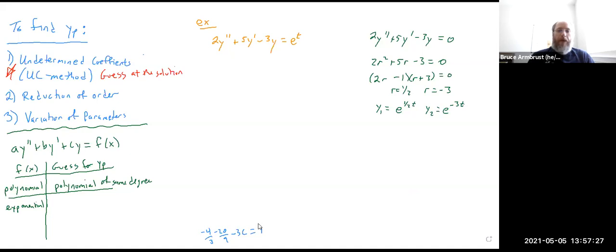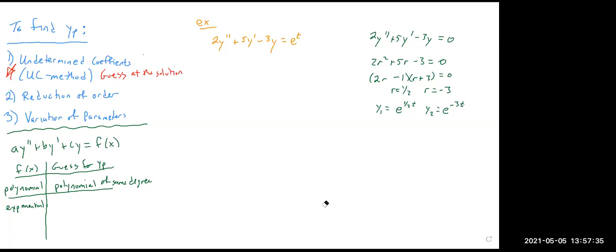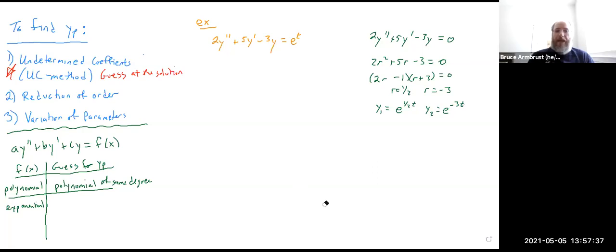All right, well, if we're going to go with exponentials, specifically, what exponential do you think we want here? E to the t. Okay, we're going to want the exponential that is exactly the same type here.